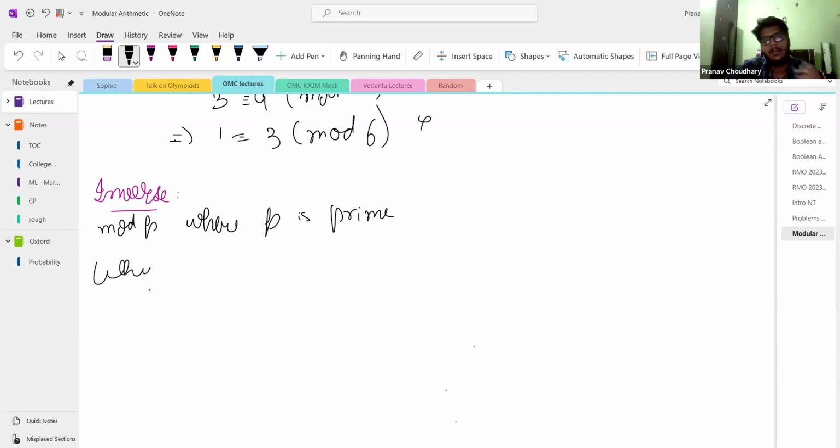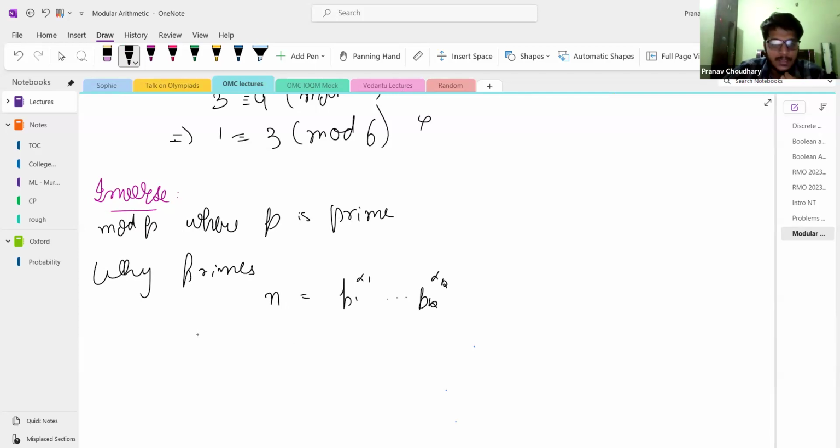Why primes? Primes are not that many. If you look at the first 100 numbers, only 1/4 are primes. But why are we still looking at primes? Because we know that we can write any number n as a product of primes, right?